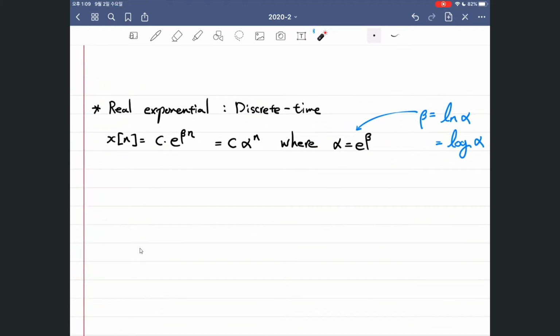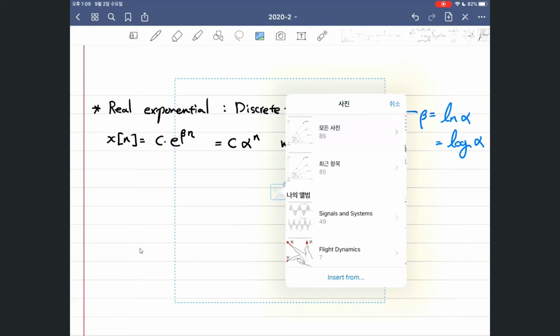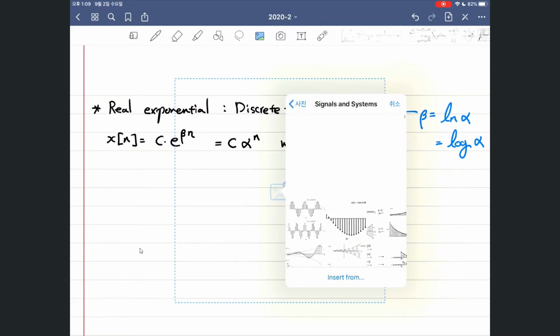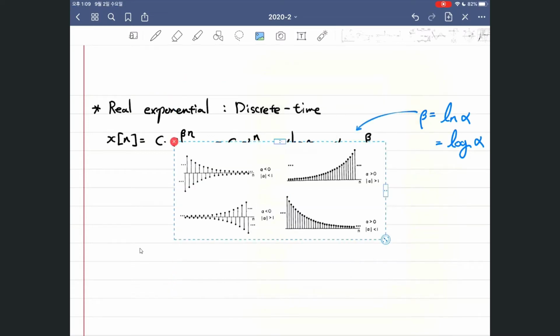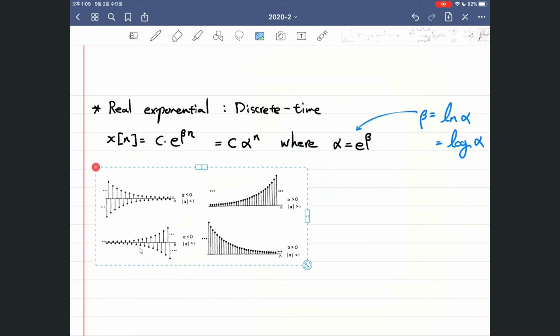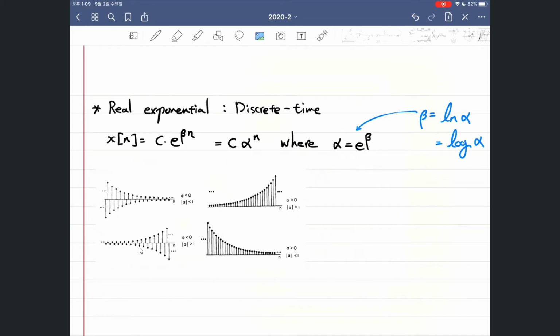Since I don't really want to plot the discrete time case, I am going to import a picture here. Since it is a discrete time signal, we can see that the signal is discontinuous.